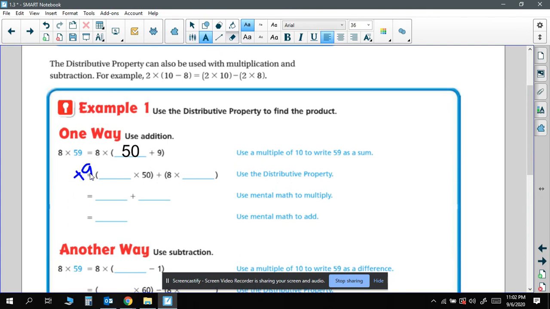Don't know why that came back. Get out of here. All right, it doesn't want to leave. All right, so we have 50 plus 9. Well, look here, they says use a multiple of 10 to write 59 as a sum. So a multiple of 10 would be 10, 20, 30, 40, 50, so on and so forth. So 50 is a multiple of 10 plus 9. Okay?